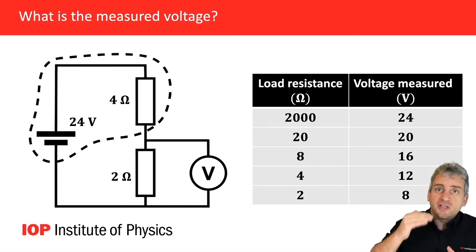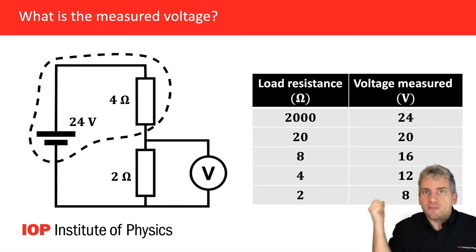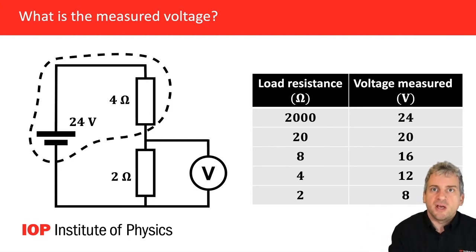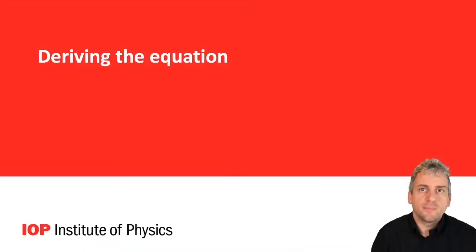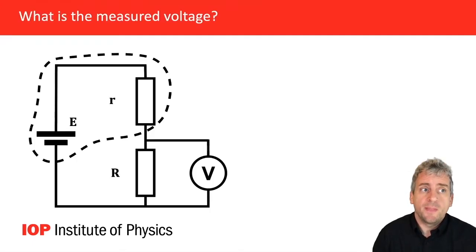As that load resistance decreases, i.e. there's a bigger current flowing through the circuit, the potential difference we'll get out will be less and less. And more of the energy will be heating up the power supply or the battery rather than doing useful work in our component. So we can use this information to derive the equation.